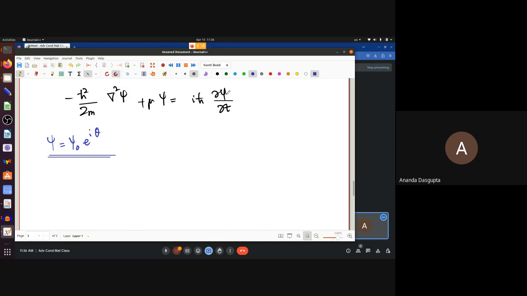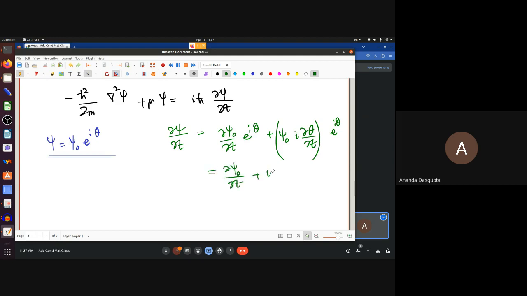So you have del psi del t on this side. So what is del psi del t now? If you use this, it's going to be del psi 0 del t e to the i theta, plus psi 0 i del theta del t e to the i theta.